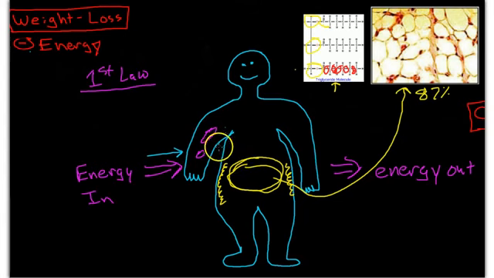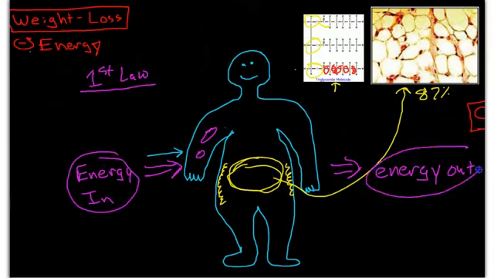So our body is an energy store of chemically stored energy in these complex molecules. When we have excess energy in, if energy in is greater than energy out, then our body ends up storing it in adipose tissue by making extra triglycerides, and we get fat.